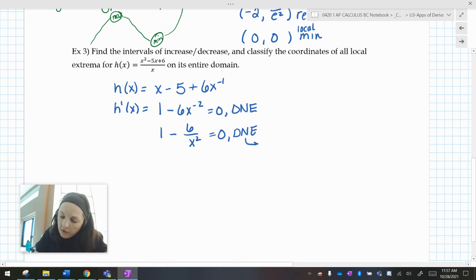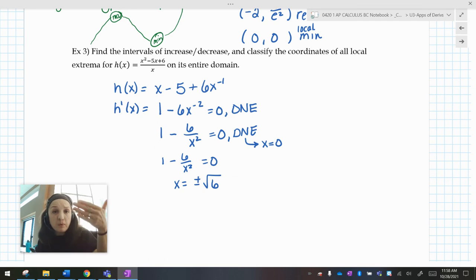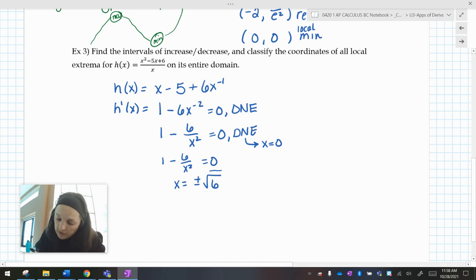I can already tell this doesn't exist at x equals 0. And 1 minus 6 over x squared equals 0 when x is plus or minus radical 6. How'd I do that so fast? Well, 1 minus 1 is 0. A fraction equals 1 when the top equals the bottom. So x has to be plus or minus root 6.